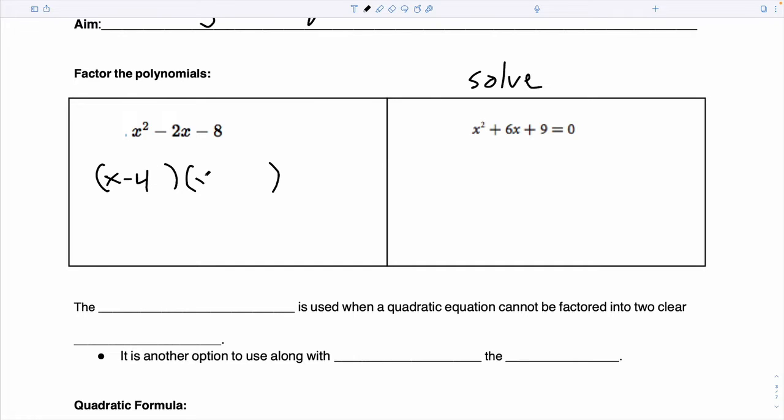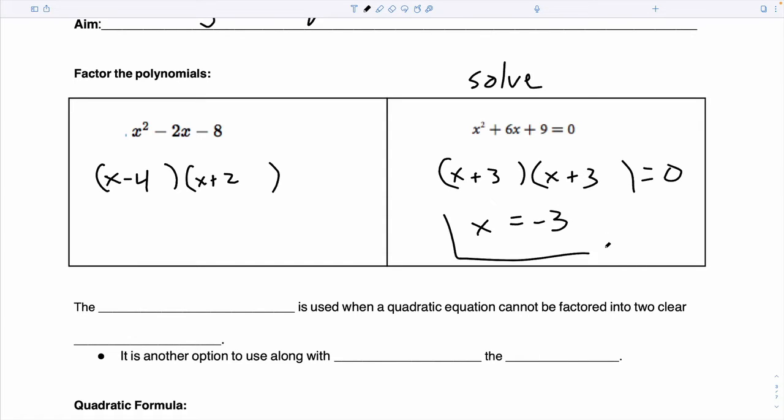Good. It doesn't say to solve, so leave it like that. Factor these and then we'll solve them. Sasha: 9 and 6. Good. And then if we wanted to solve it, we could have just said x equals -3.